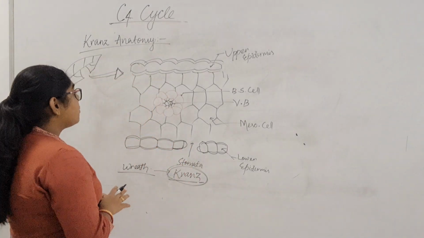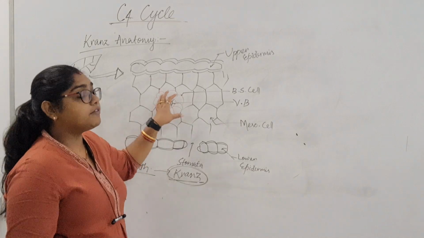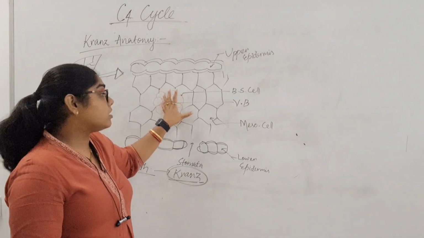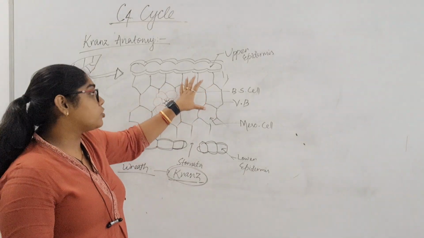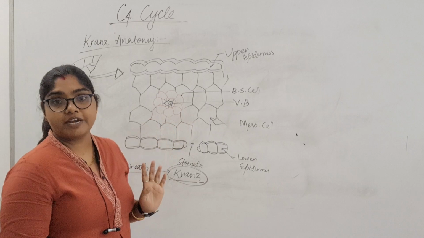Okay. Now all these cells, both the bundle sheath cell and the mesophyll cell, contain chloroplasts, but the chloroplasts of the two cells are different.